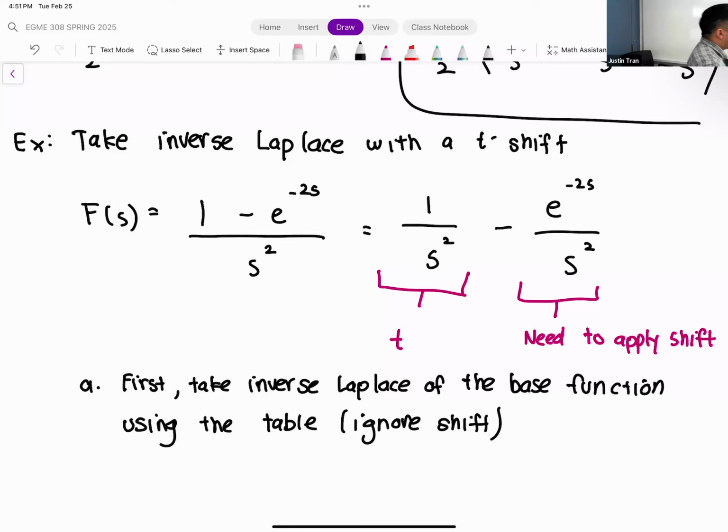Because every single one of these Laplace functions, if you just ignore the shift, should have a base function that is applied to it.